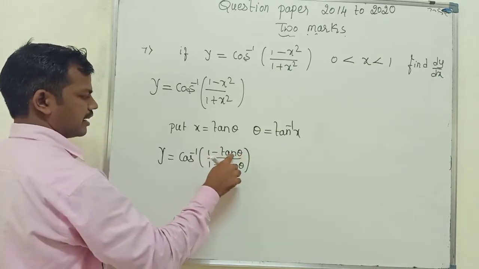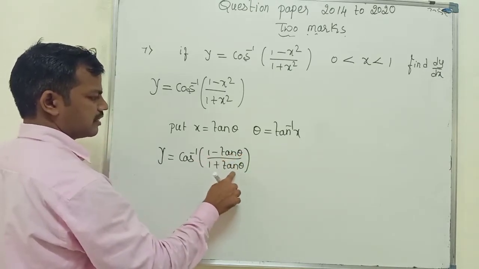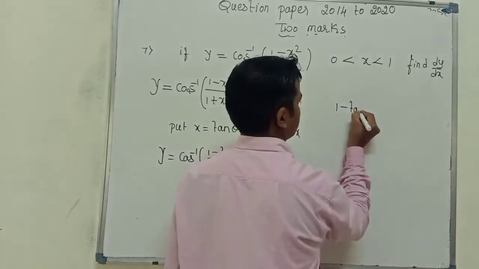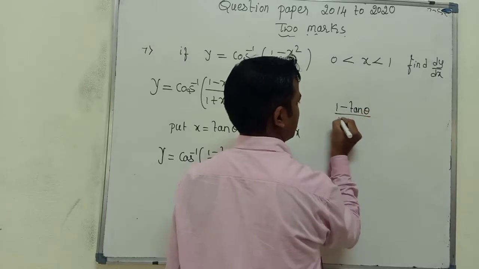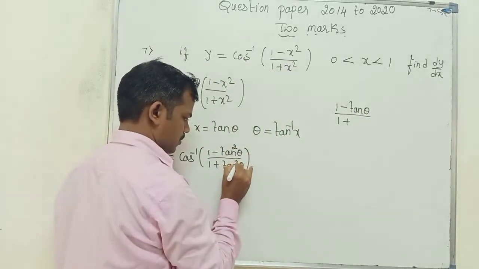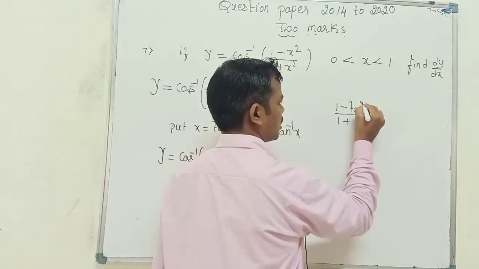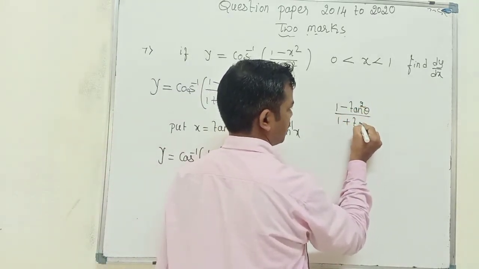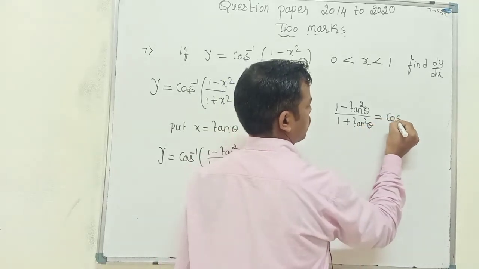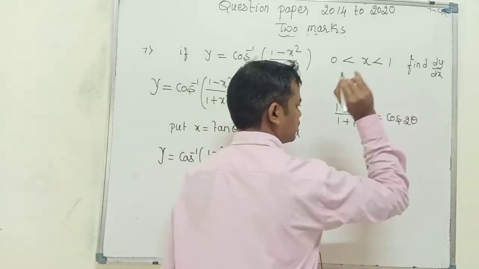1 minus tan theta divided by 1 plus tan theta, we already know, sorry, it is a square: 1 minus tan square theta divided by 1 plus tan square theta is equal to cos 2 theta.